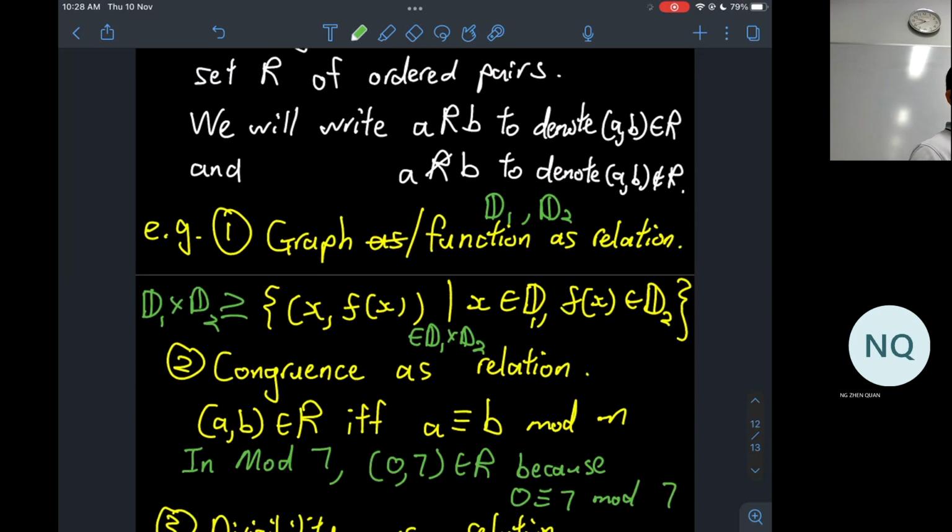Where do I pick the A and B from? 0 and 7 live in where? Integers. We only talk about integers in the lecture, right? So congruence is a subset of Z cross Z.